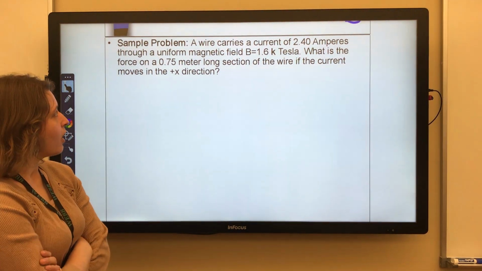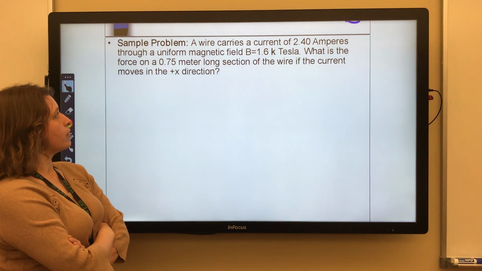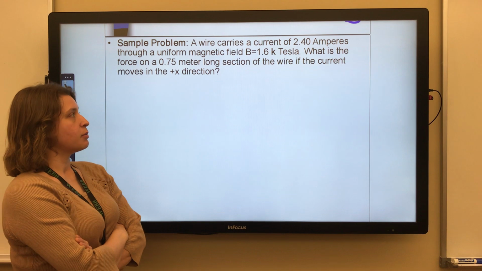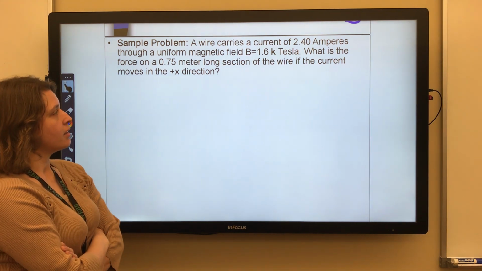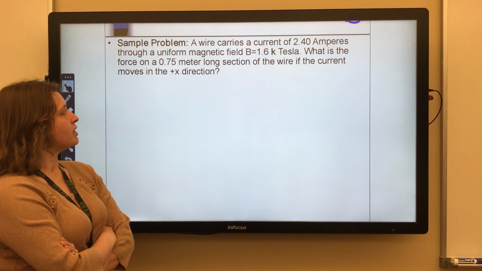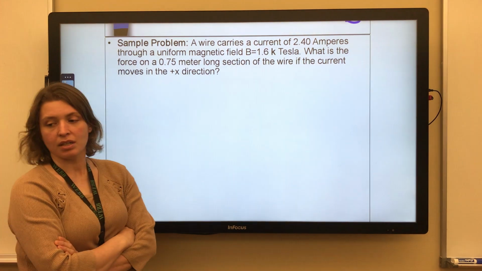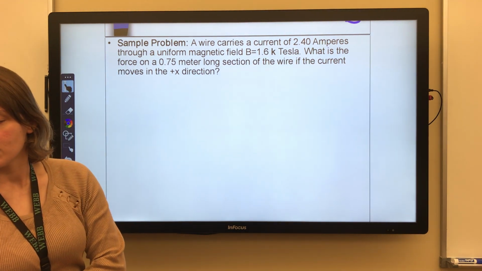We can try an example problem with that. So let's say a wire carries a current of 2.4 amperes through a uniform magnetic field, 6.1 kilotesla. What is the force on a 0.75 meter long section of the wire if the current moves in the positive x direction?